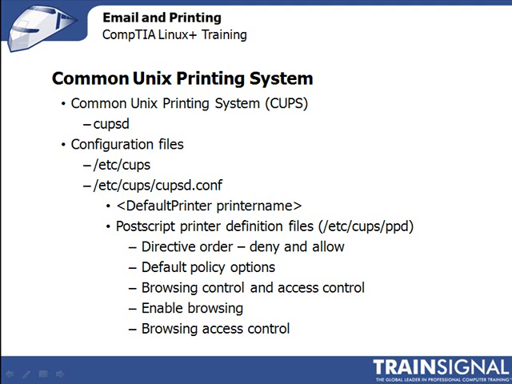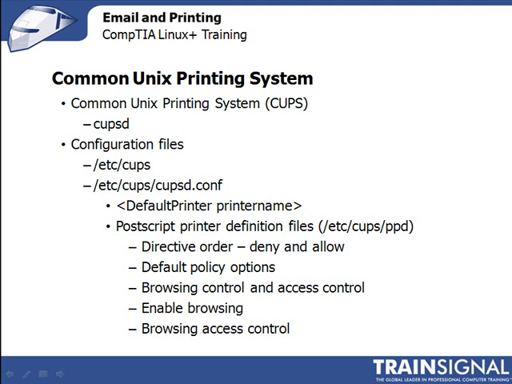Now you can add or delete printers using the web-based utility that we'll cover in a moment, or by directly editing the cupsd.conf configuration file. The format for each entry is simply default printer followed by the printer name enclosed in angle brackets. Each printer definition contains information on the printer's location and things like status and other options.